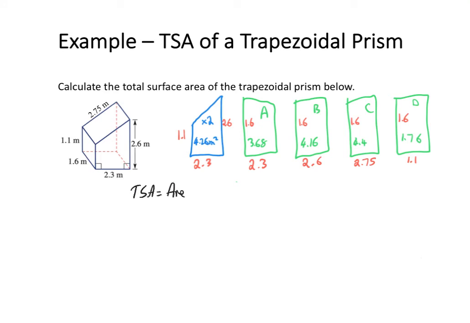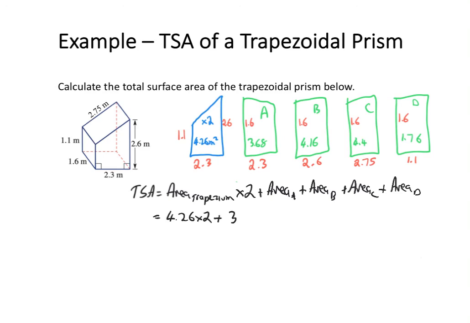So the area of the trapezium, and because I have two, I need to times it by 2, plus the area of A, plus the area of B, plus the area of C, plus the area of D. Substituting in my values, that's 4.26 times 2, plus 3.68, plus 4.16, plus 4.4, plus 1.76, and that works out to a total of 22.52 meters squared.